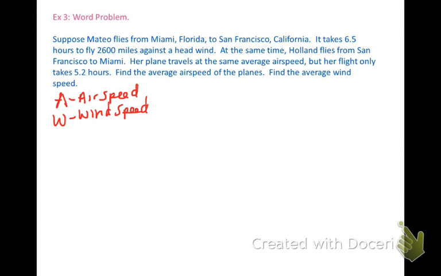Suppose Mateo flies from Miami, Florida to San Francisco, California. It takes 6.5 hours to fly 2,600 miles. So he's flying 2,600 miles. So Mateo's, and he's against the headwind.